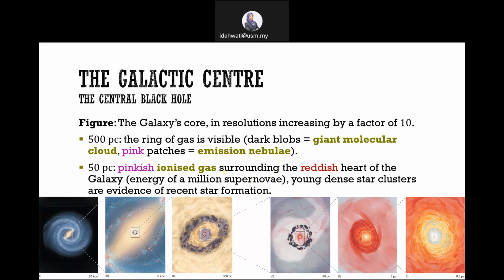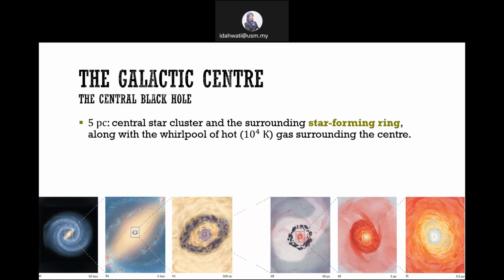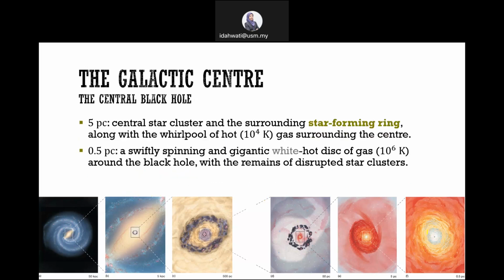The pinkish ionized gas surrounding the reddish heart of the galaxy represents the energy of a million supernovae. The young dense star clusters are evidence of recent star formation. This is the star-forming ring, and also the white-hot disk of gas around a black hole with the remains of a disrupted star cluster.